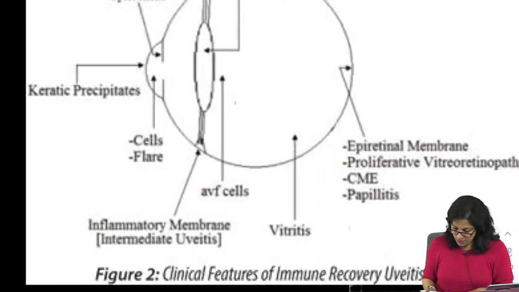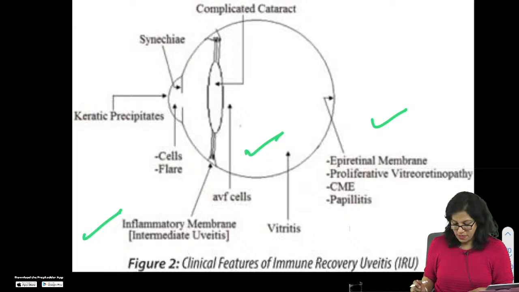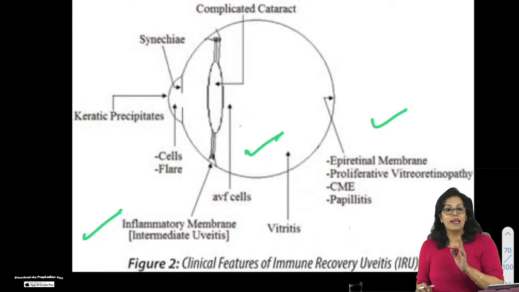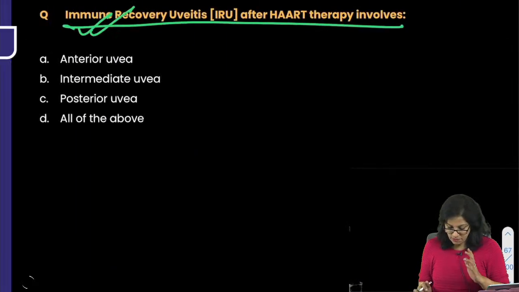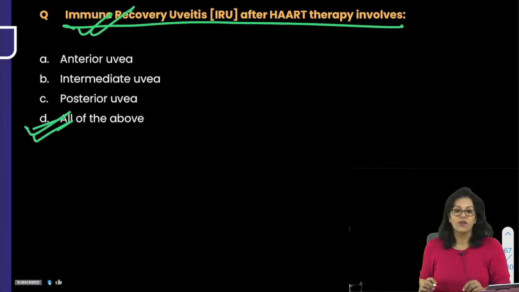And immune recovery uveitis, just remember, could be anterior, intermediate, posterior, everything. But if I have to pick one and answer which it is mainly involving, here you will answer, because we have an option of all of the above, we will answer all of them.